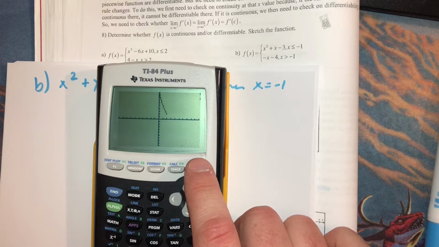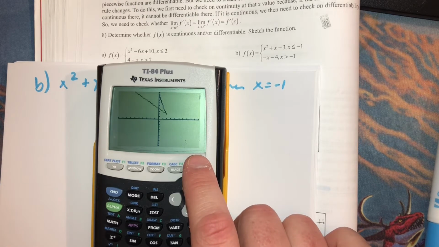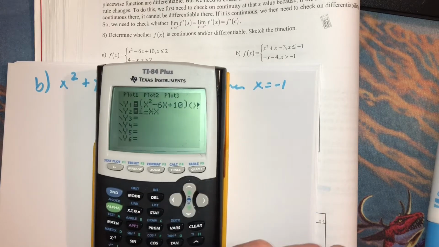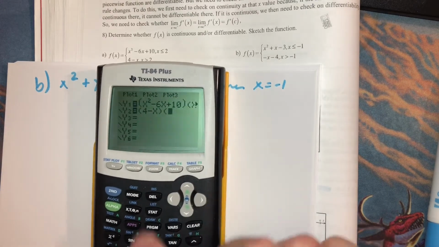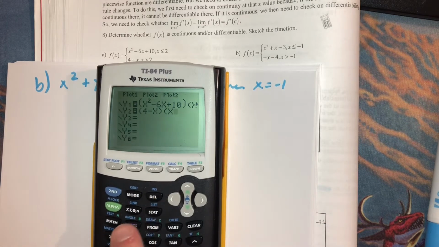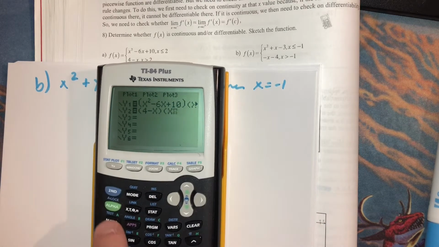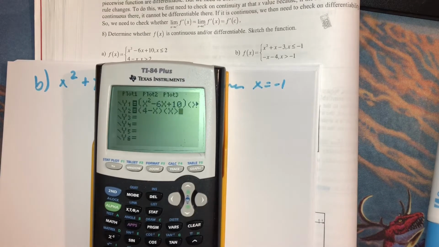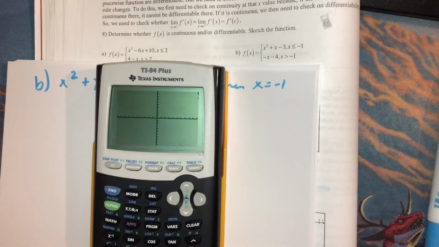You put the function in parentheses, and then you put another parentheses and say x, and you go over here to test, so it's second, and then test, and you can use the symbol that you need. It only tells you so much, though, but hopefully you can see that that's not super smooth. You can kind of tell where the change happens.